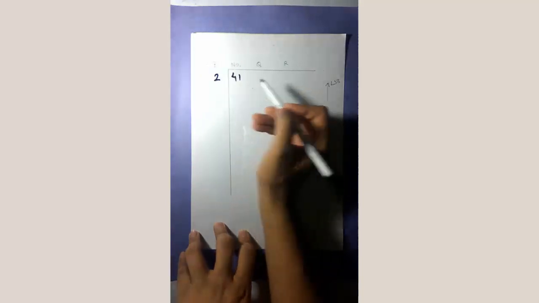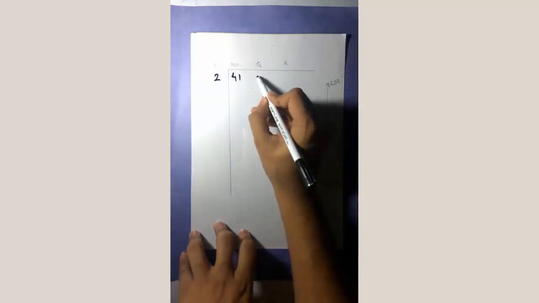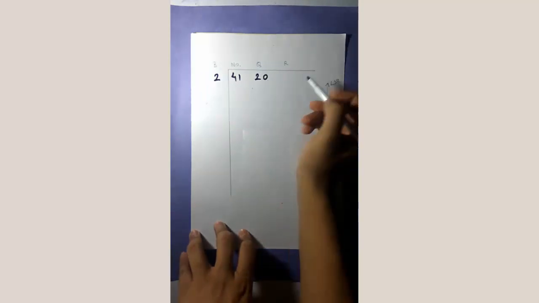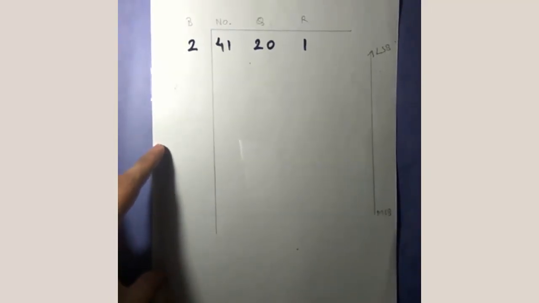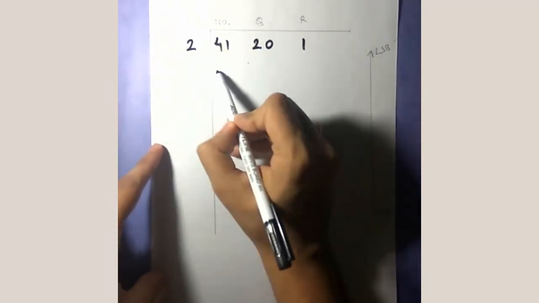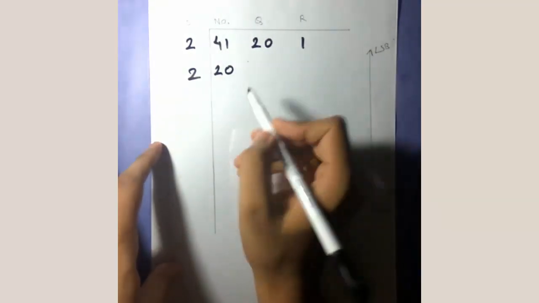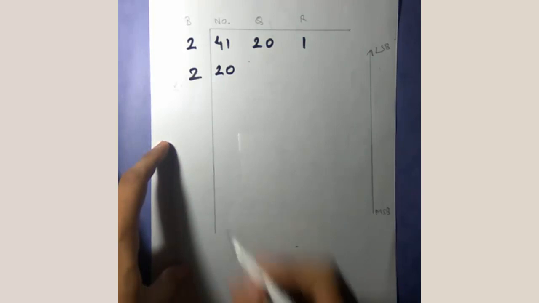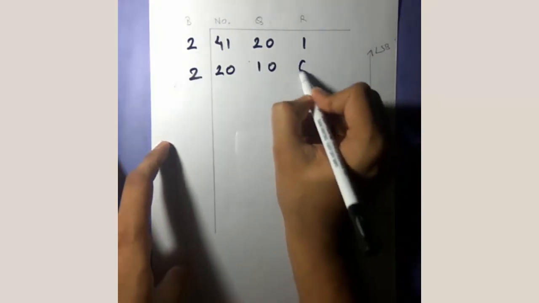So what do we get after we divide 41 by 2 is we get quotient as 20 and remainder as 1. Now in the next step, we consider this quotient 20, we again divide it by 2 and we continue with this process. So 20 divided by 2 is 10 and the remainder is 0.